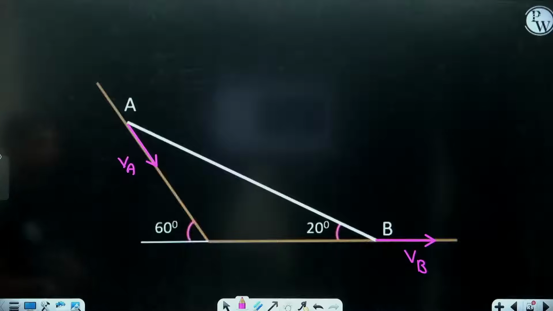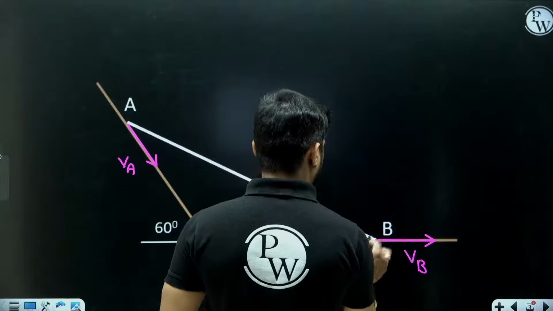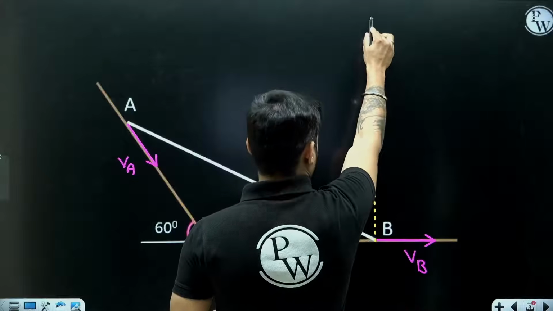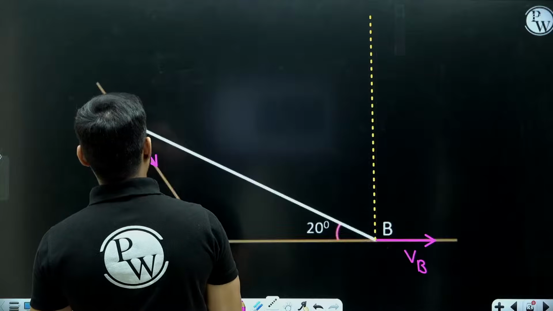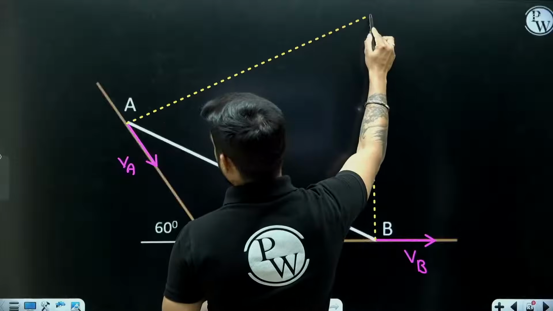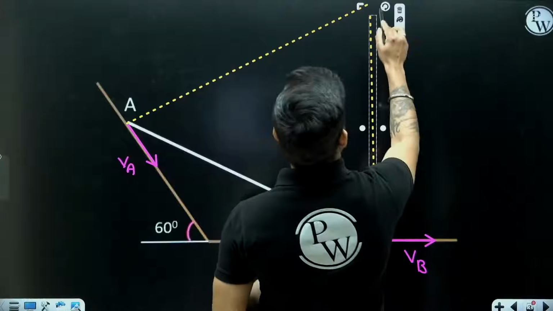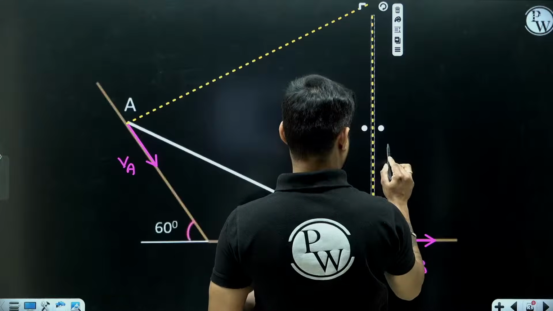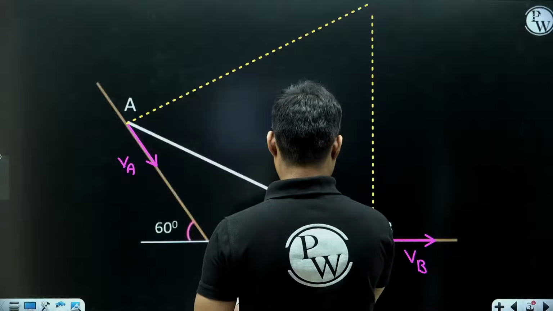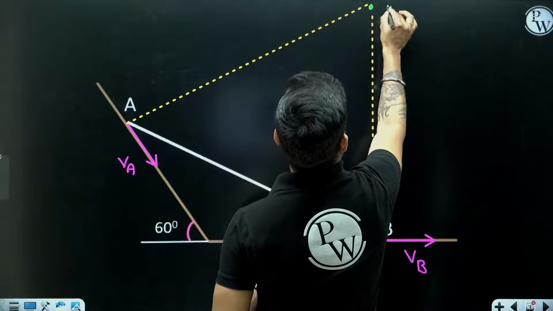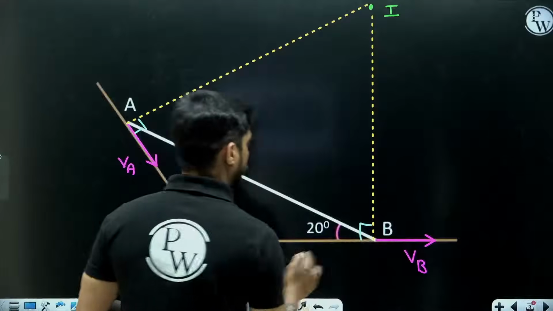Now in order to find the I center, we are going to draw a normal from point B, normal to VB, and then a normal to VA from point A, and the point at which both of these normals intersect is the I center. So this is your I center. Okay, so this is normal to this and this is normal to this.